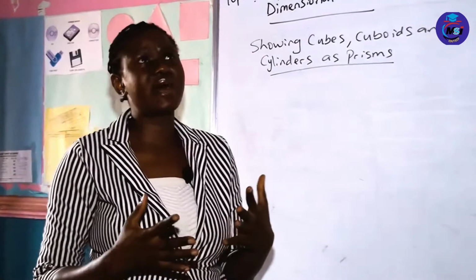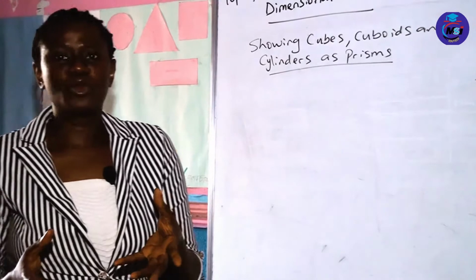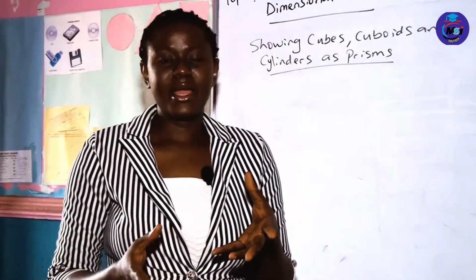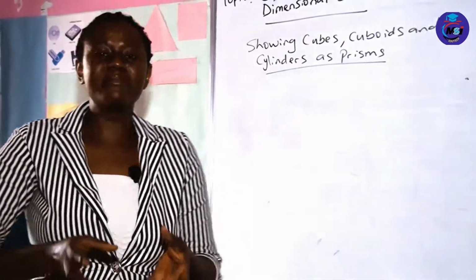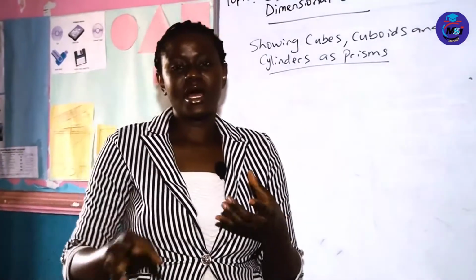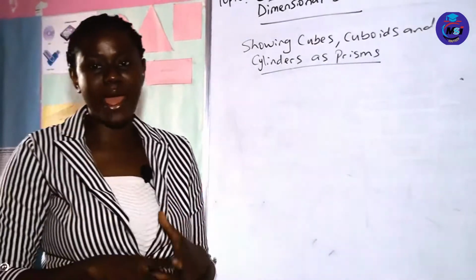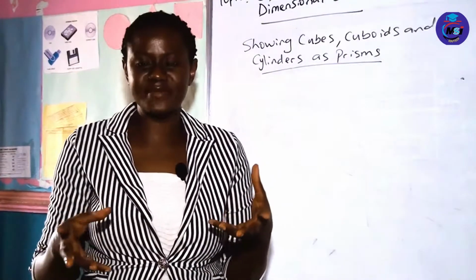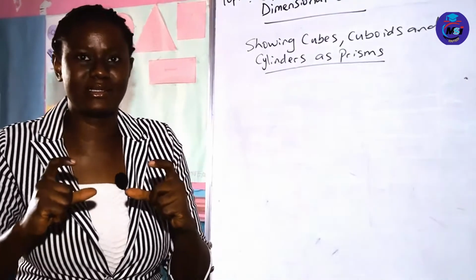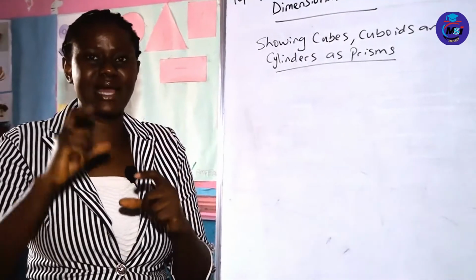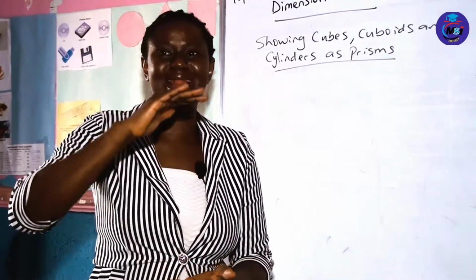Now, when you have a solid shape that could be made by placing a layer, a circle, a triangle, a square, or other shapes of exactly the same size on top of each other, you are placing them in layers.